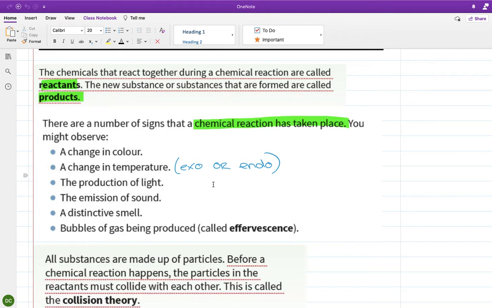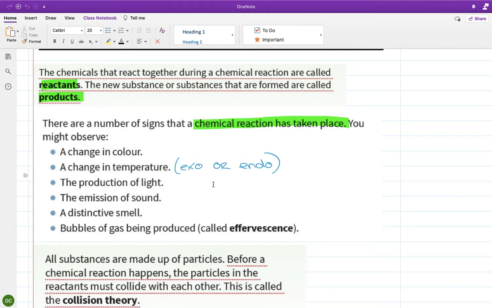So in both cases you're producing gas, and they do gas bubbles. It bubbles through the liquid and then you're able to catch it. So they are quite important evidence that a chemical reaction has occurred. And these are some of the bits of evidence.